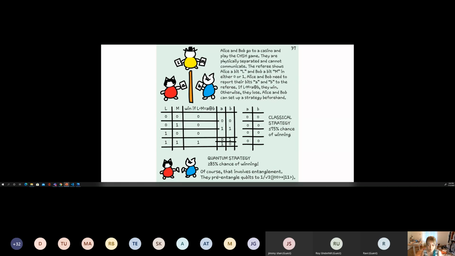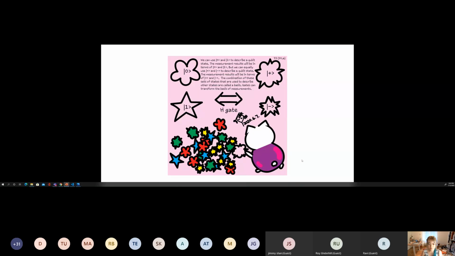Say they have a pre-entangled qubit. They entangle their two qubits to this state. This is arbitrary, but without loss of generality, we can pick just this one. So we know if Alice measures a 0, Bob would definitely measure a 0. If Alice measures a 1, Bob will get a 1. And this is very helpful.